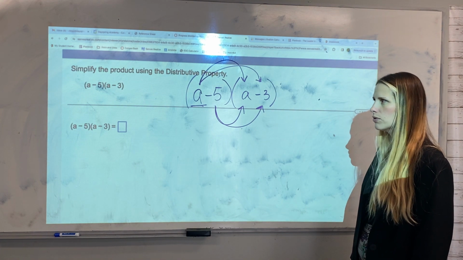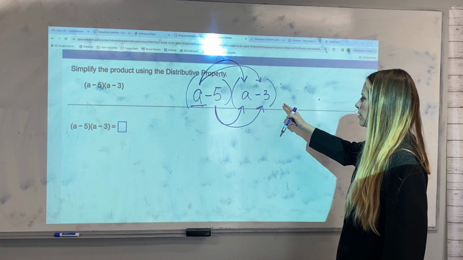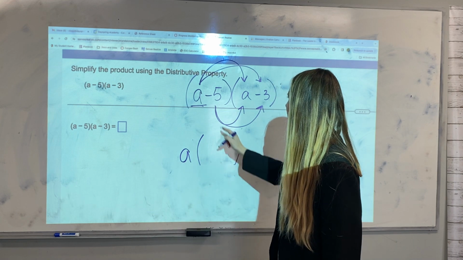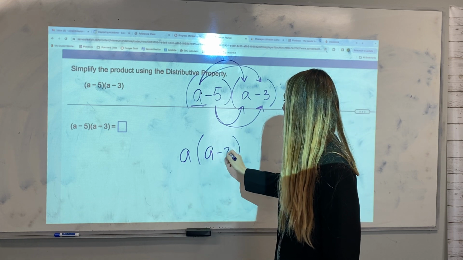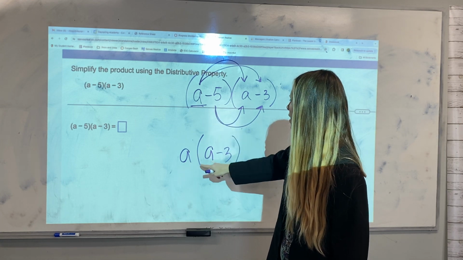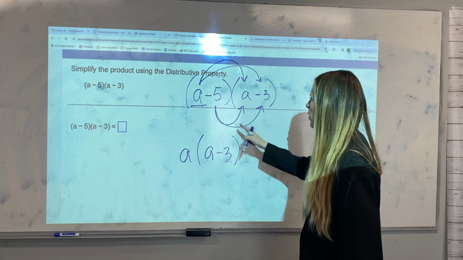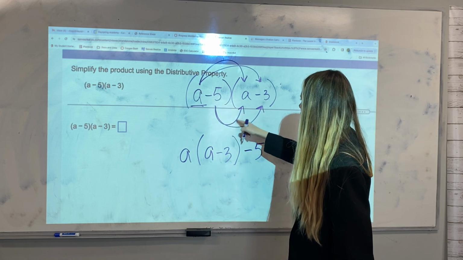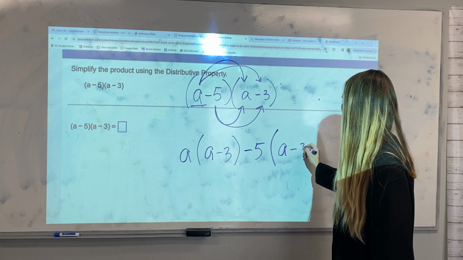So we can rewrite this expression by showing that A is going to be multiplied times A and -3. So we're just taking our first term of the binomial and multiplying it times this binomial. And then we also have a -5, which is also being multiplied times this binomial, A minus 3.